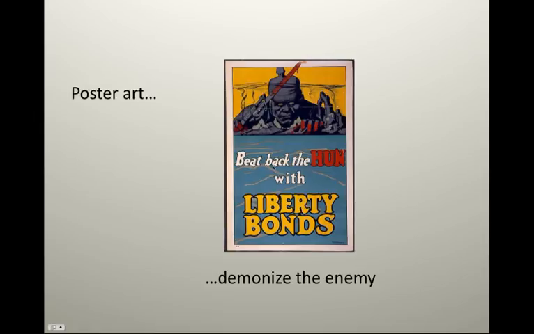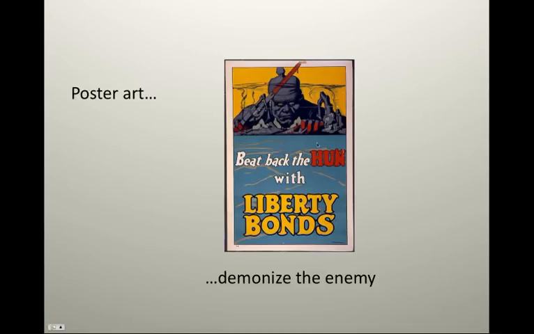Let's take a look at this. "Beat back the Hun with Liberty bonds." Again, getting Americans to buy Liberty bonds. The Hun in blood red letters, showing the evil silhouetted outline of the German soldier. Now, Germans weren't Huns. Huns, Asiatic people at the time of the Roman Empire, inspired fear in Rome.